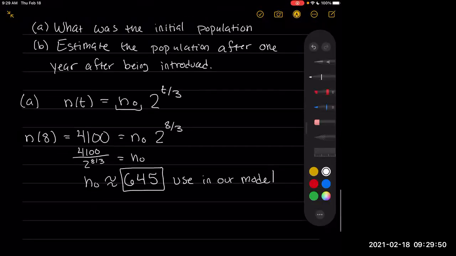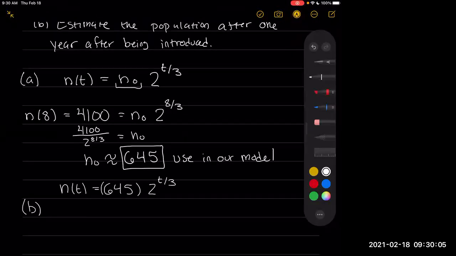Okay, so now for part B, we can write out our model. It's N of t equals 645 times 2 to the t over 3. So now we're going to look at 1 year, which means that t equals 12 because we're measuring everything in months.